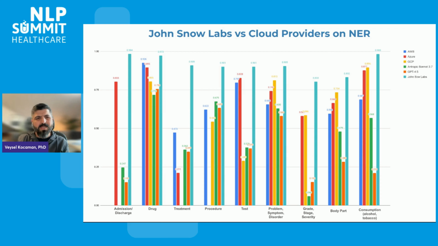And as you see, our models usually make 5 to 6 times fewer errors than the other models. The closest competitors there are GCP and Azure. So this also highlights the same findings, right?